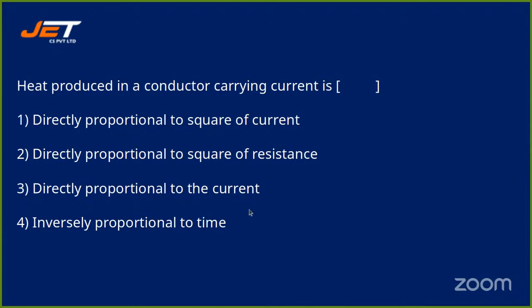H equals I square R T, where T is the time taken for the current to flow through the conductor. So H is directly proportional to the square of the current and directly proportional to resistance, but not the square of the resistance, so that is not correct. Directly proportional to current? No, it is the square of the current. That is the correct answer.